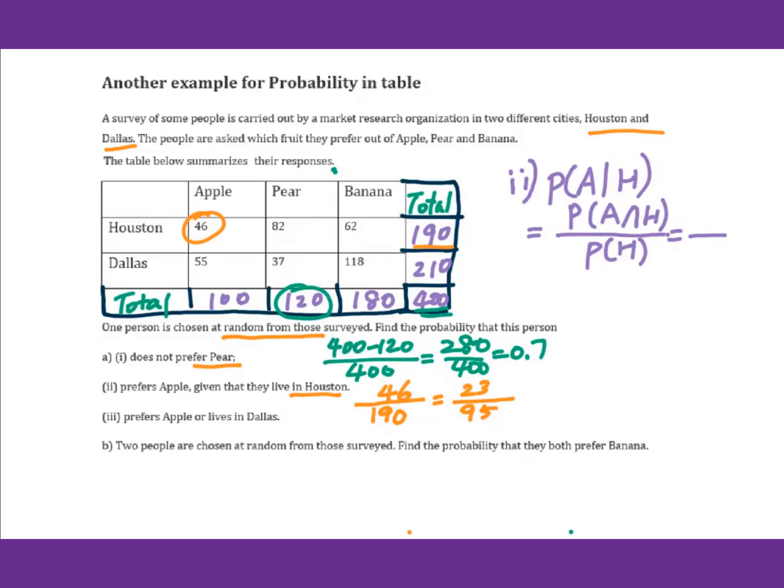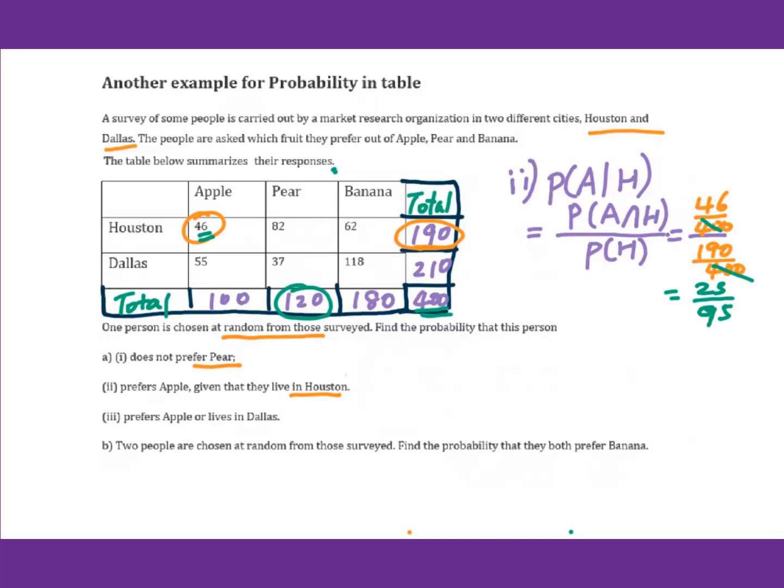Apple and Houston, that is 46 over 400. Houston people altogether is 190 over 400. Reduce, you will get the same answer, 23 over 95. Let's go to number 3.